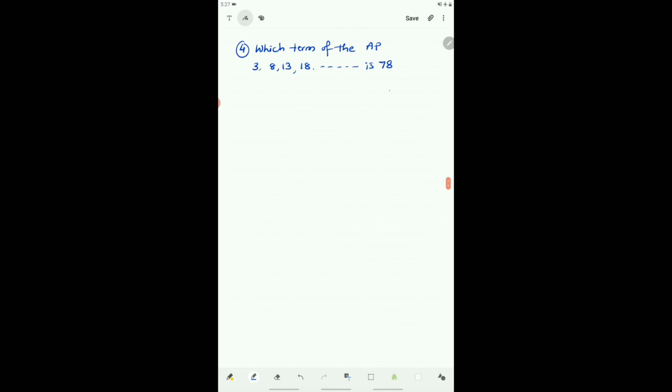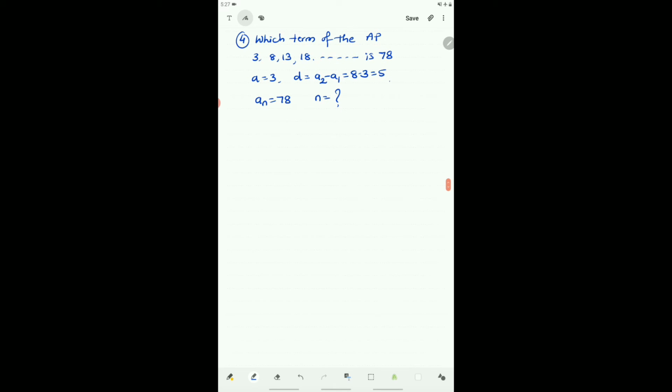Here A is equal to 3 and D is equal to A2 minus A1, that is 8 minus 3 is equal to 5. Let us consider 78 is the nth term, that is AN is equal to 78. Next, what we have to find out? N we have to find out. N is equal to question mark.